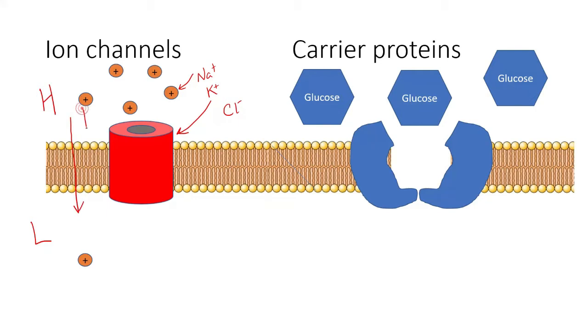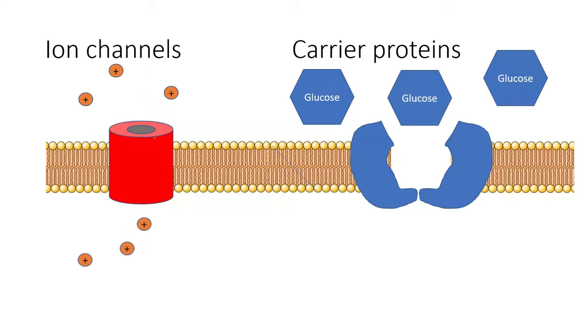None of these ions can move through the phospholipid bilayer, so they're going to have to use this protein channel instead. It has this permanent hole in it, but it's just big enough for those ions to get through and really nothing else. So it's not compromising the integrity of the cell. So it would look something like this.